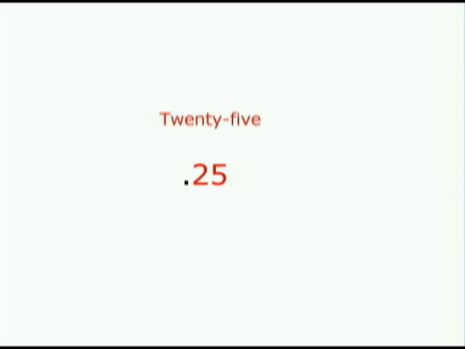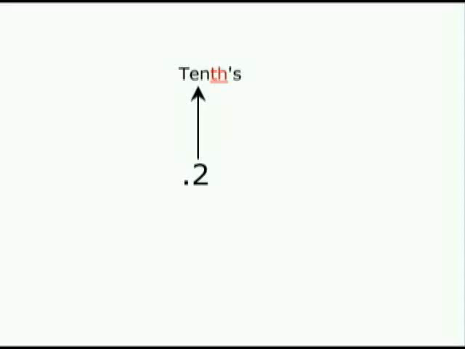It's 25 hundredths. Correct. One more. Irving, tell me the place value in this number, then read it. The only place value here is tenths. And to read that number properly is 2 tenths. Very good.